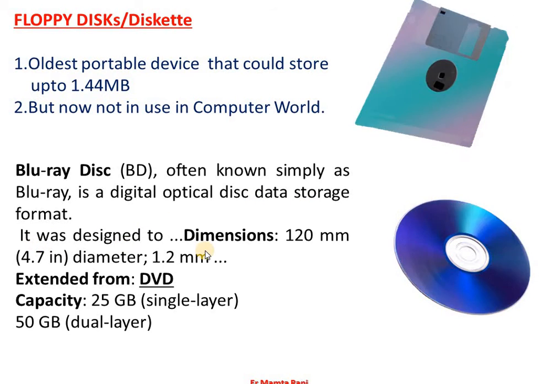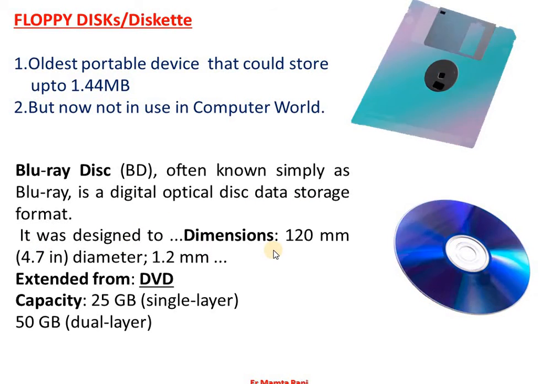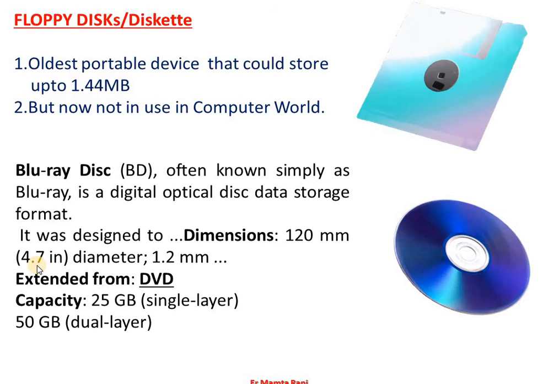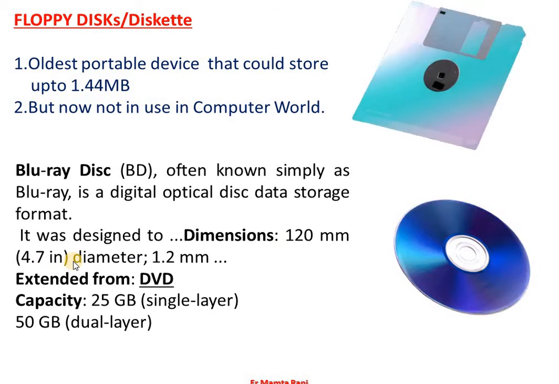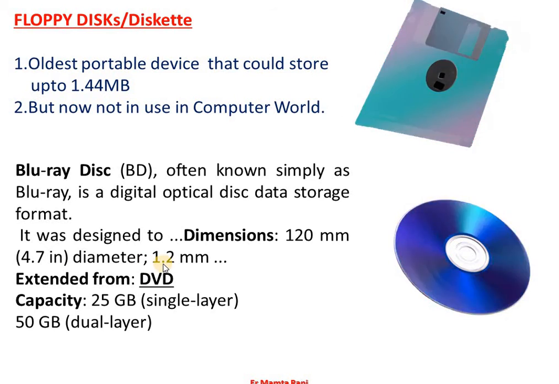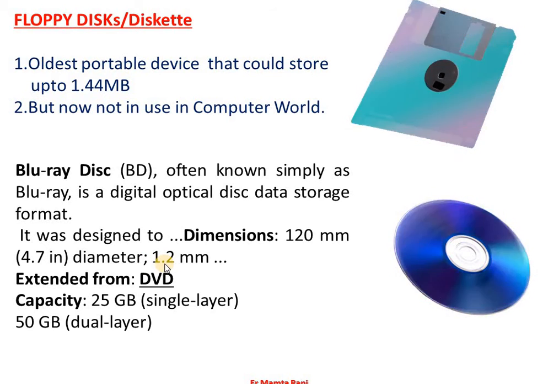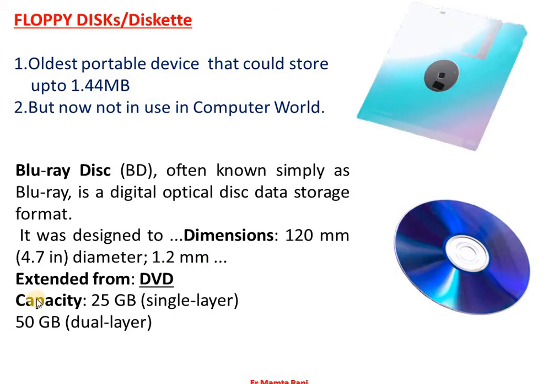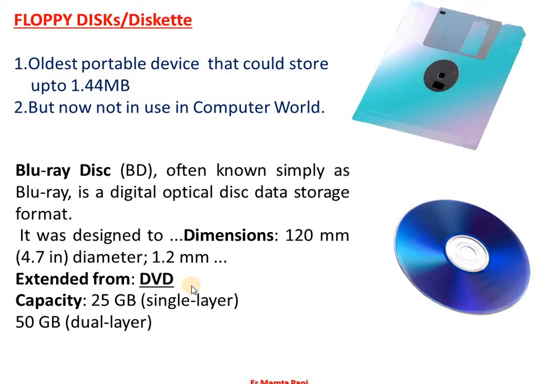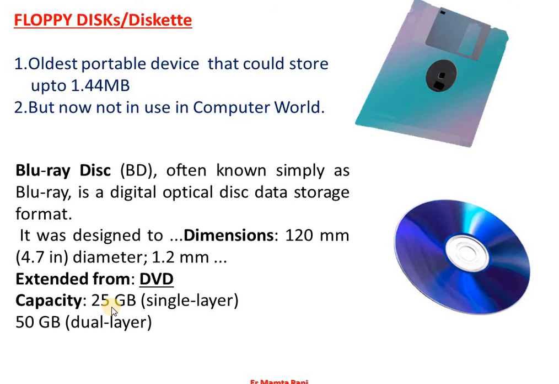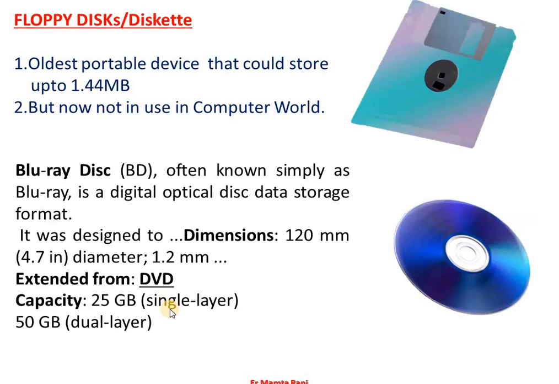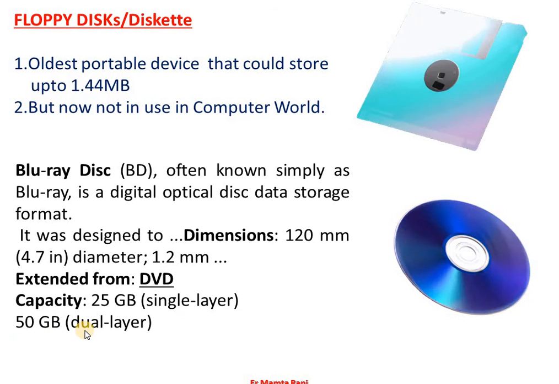It was designed with dimension 120 mm, 4.7 inch in diameter, and 1.2 mm thickness is also available. Extended from DVD. This is the copy of DVD only. Capacity is 25 GB, that is single layer, and 50 GB is dual layer.